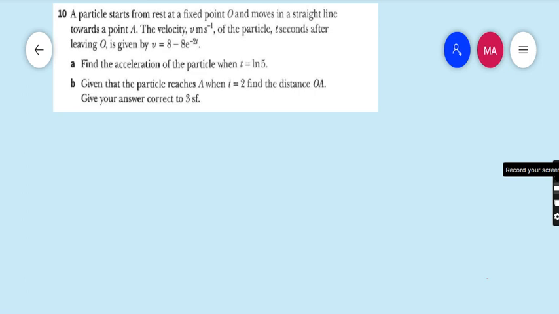Now we have to find the area, because distance means area under the curve. From 0 to 2 pi by 3, this is the distance. And from 2 pi by 3 to 2 pi, this region is below the x-axis. Therefore we must apply the modulus sign on the answer below the x-axis.